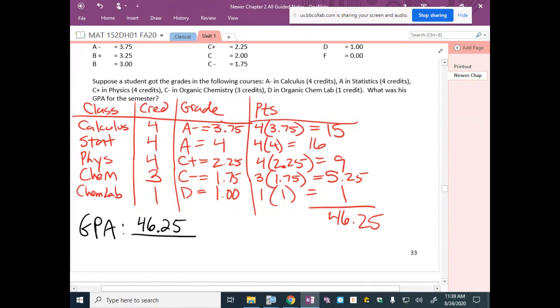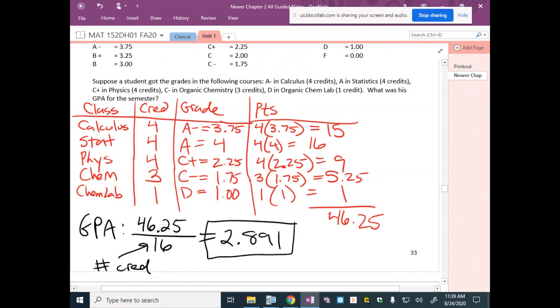How many credits did we take? 16 credits. So, rounding it to 3 places, that would be a 2.891 for the semester.